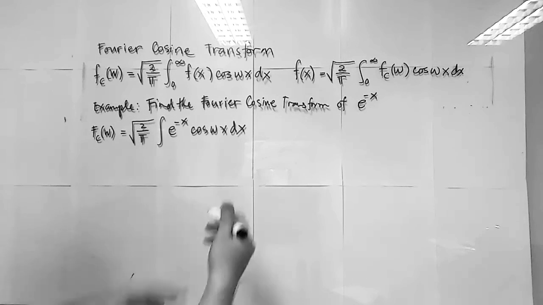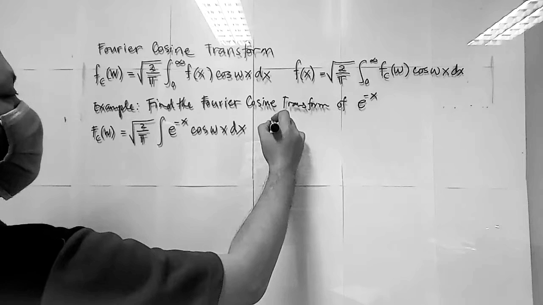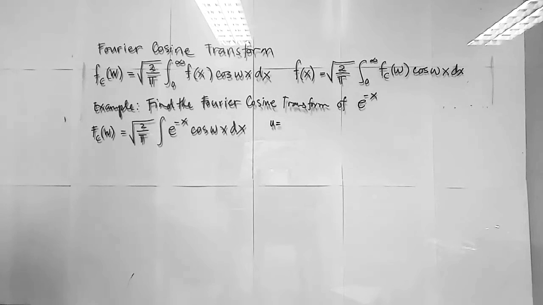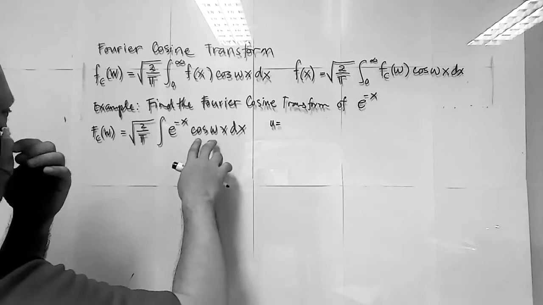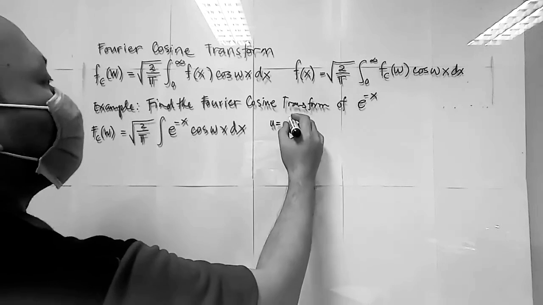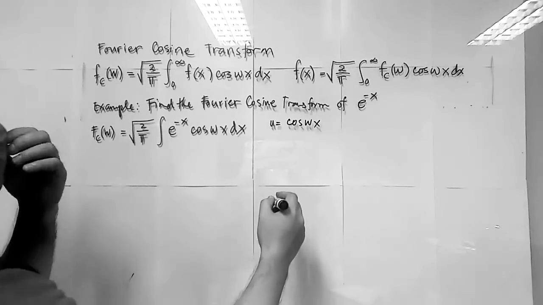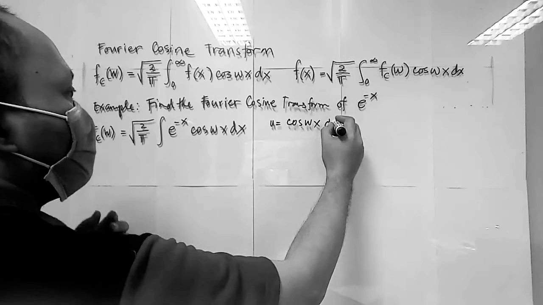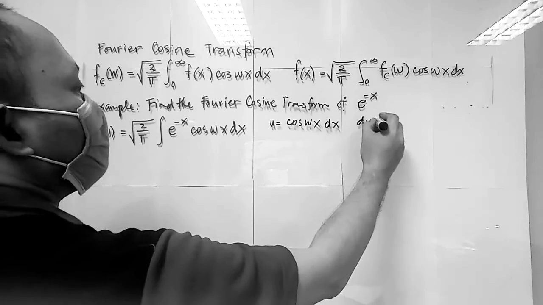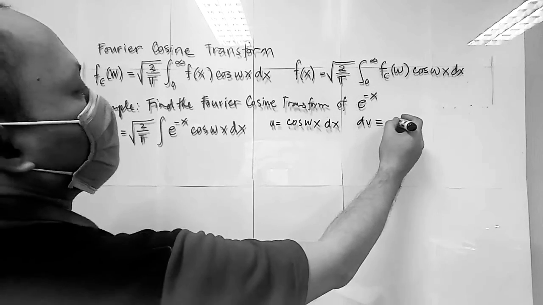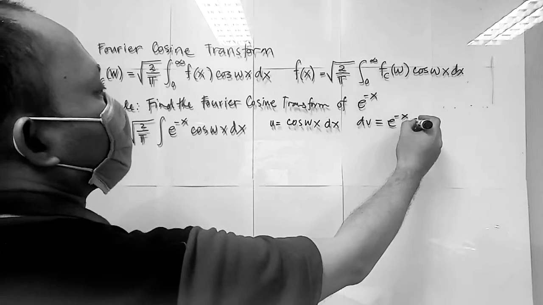So we have our u and dv. We will select u as cosine wx, and our dv is equivalent to e negative x dx.